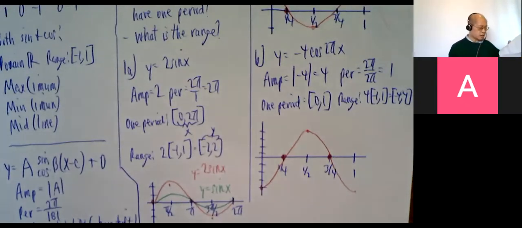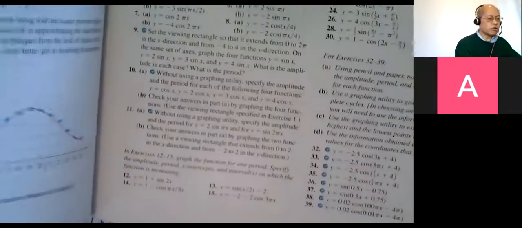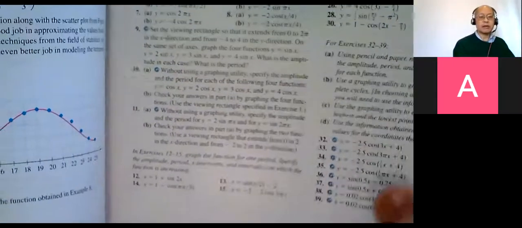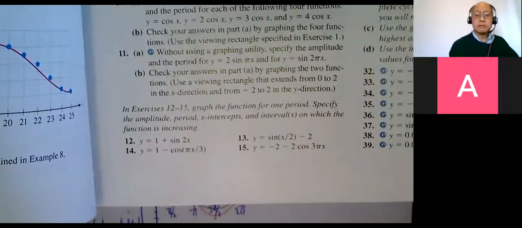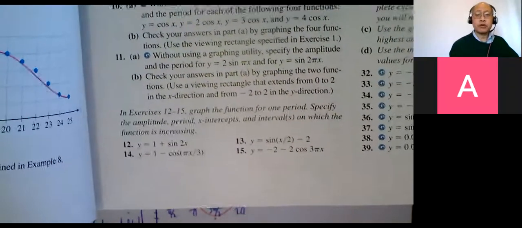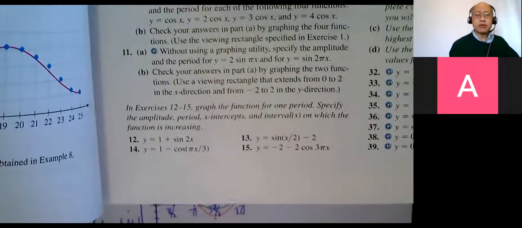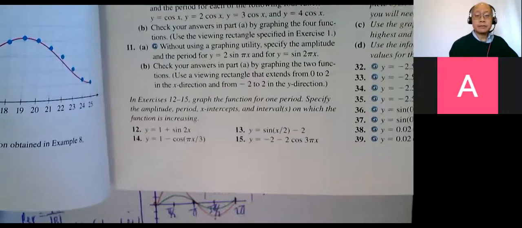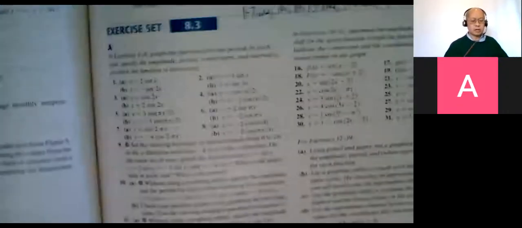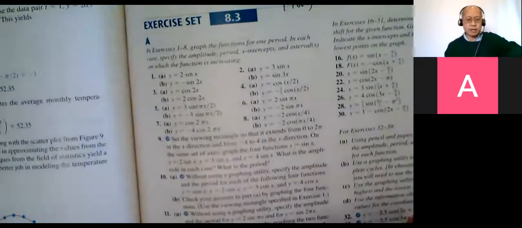Okay, so you can see there's a lot going on here. Okay, now we're going to start moving it left, right, up, or down. Okay, so 13, 15. Okay, so graph the function for one period. Okay, let's not worry about the intercepts. So skip intercepts and intervals where the function's increasing. So maybe I'll cross this out for the directions.